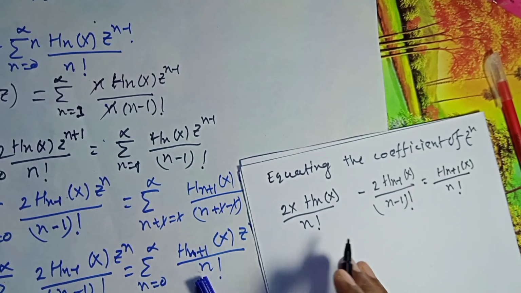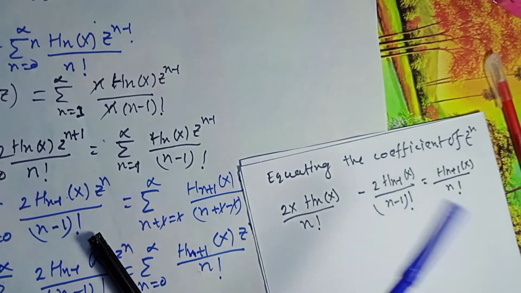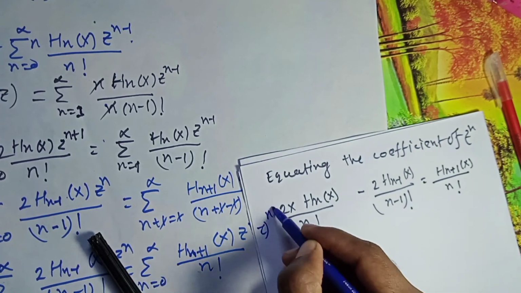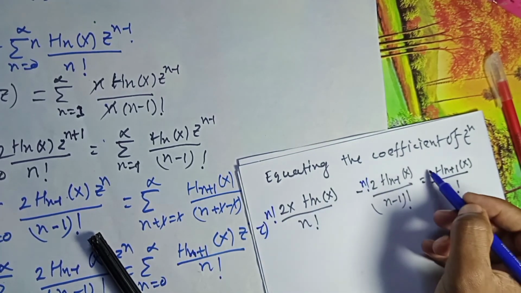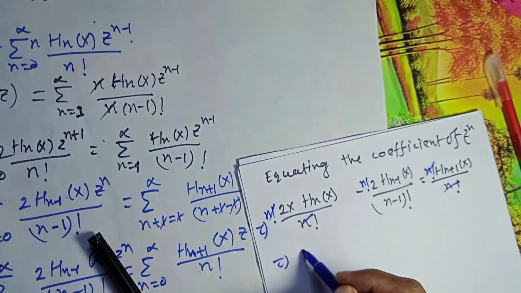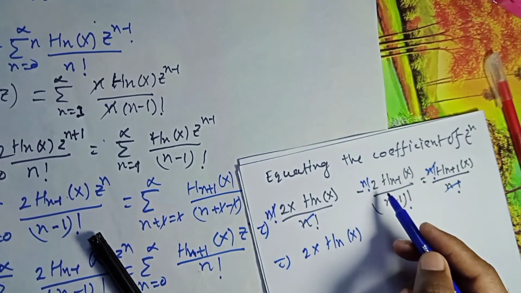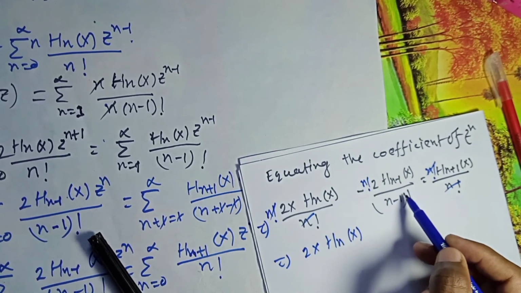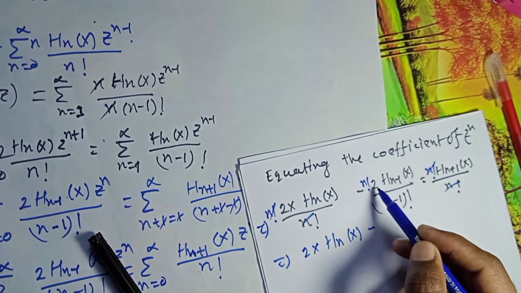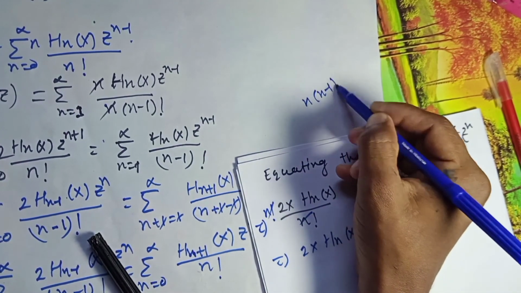Okay, then if we multiply both sides by n factorial, this gets cancelled, that is 2x Hn of x. This is n factorial, here n minus 1 factorial. We can write n factorial as n into n minus 1 factorial.